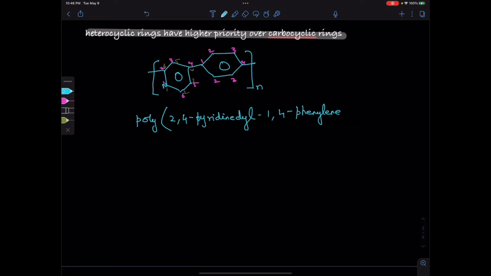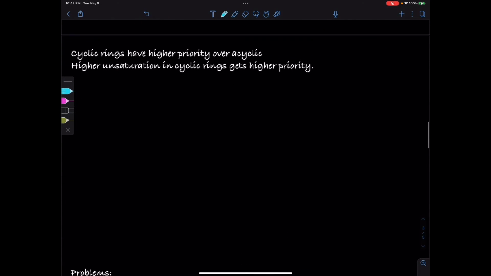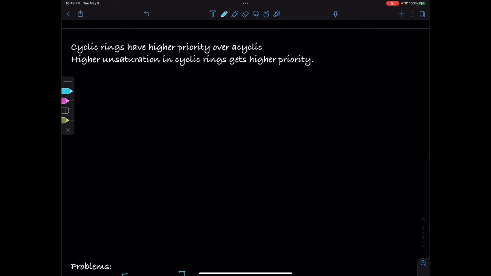Since the bridging carbons should get the lower number, we start numbering 1 where the carbon connects to the other ring. So the answer is poly 2, 4 pyridine diol 1, 4 phenylene. Note the commas and the dashes. The dashes come in between the number and the word. Let's go to the next example.